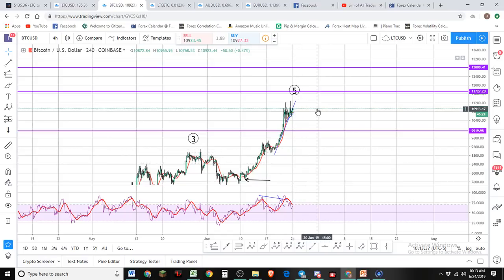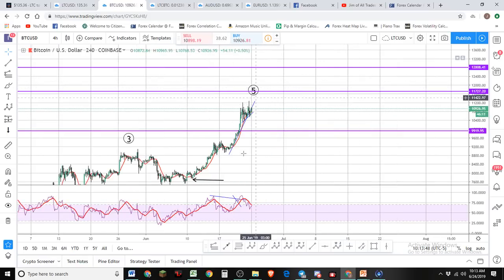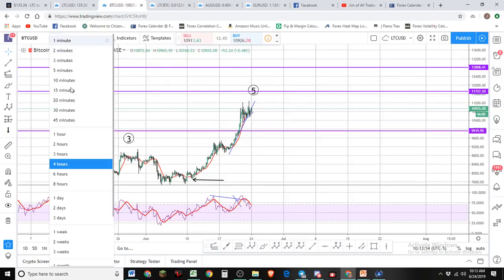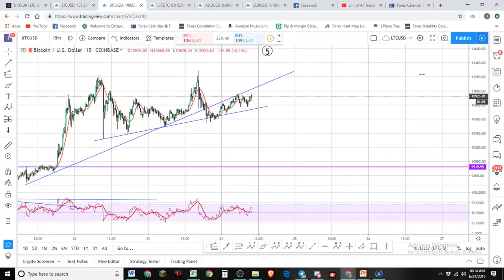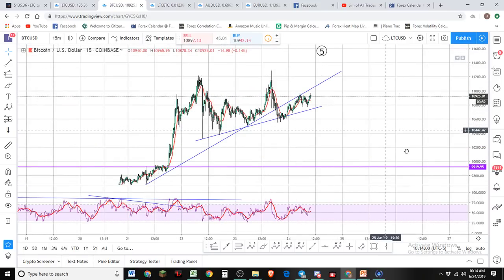Now, looking in a little bit deeper, let's check this current move here. I think we have an ABC in the works, but it's an expanded flat, which is a fairly hard structure to see when it's being made.